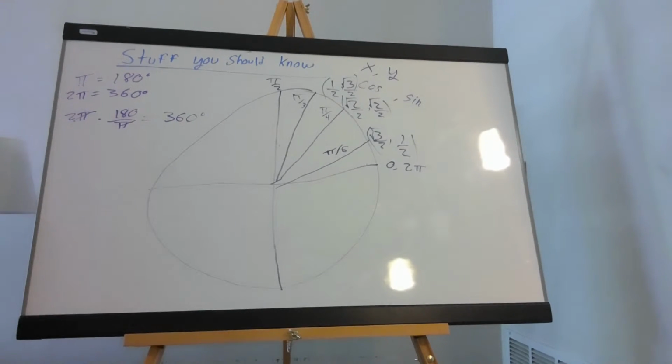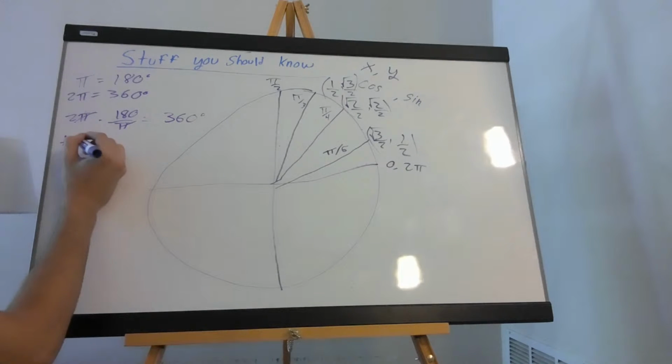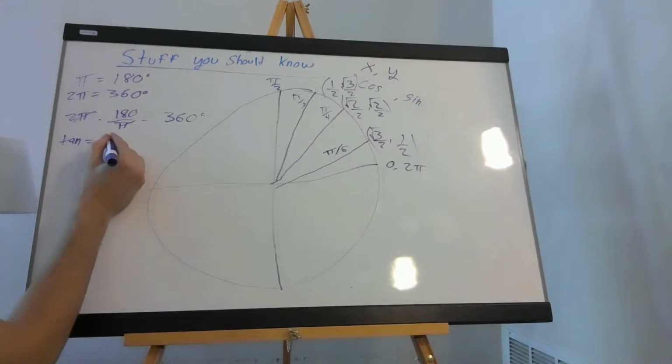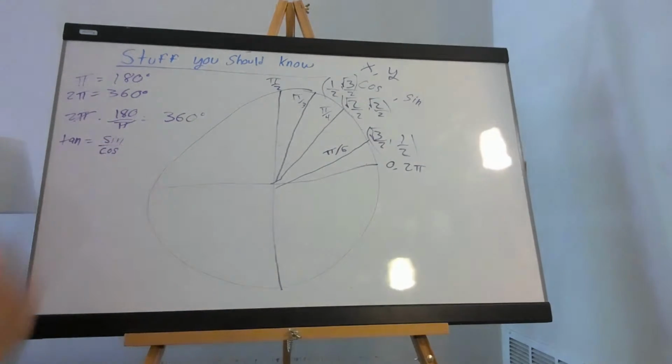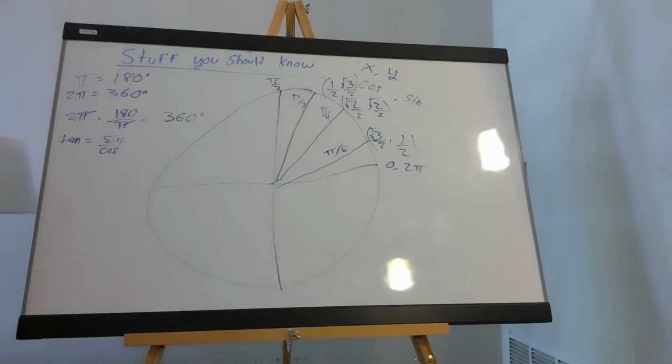All right, tangent values, we don't even need to know them because we can derive them, but there is an easy trick for it. So tan we know is equal to sine over cosine. If you really want to, we'll start with finding the tangent of pi over 6.